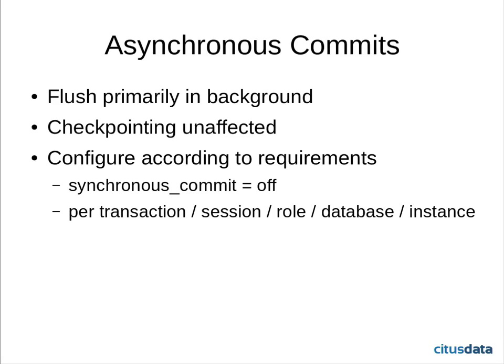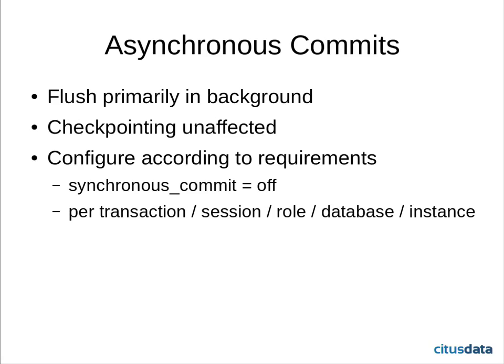We can combine up to 3 seconds of transaction commits and do all of them together, which can mean your writes per second, your transactions per second, can be drastically higher. The parameter for that is called synchronous commit, and you can set it to off.